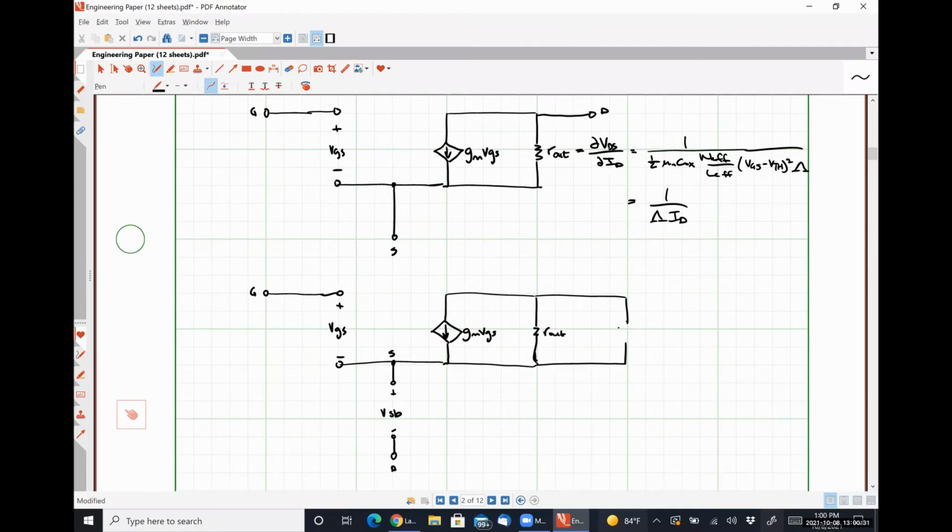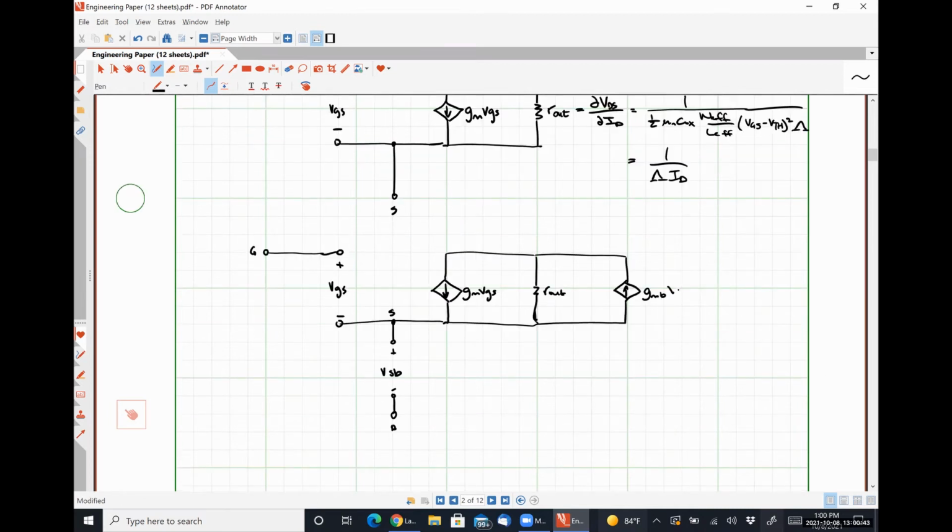My apologies. We're going to have another dependent current source, gmb times VSB, that is influencing our output current relationship. Okay, so this guy is the MOSFET with CLM and body effects.